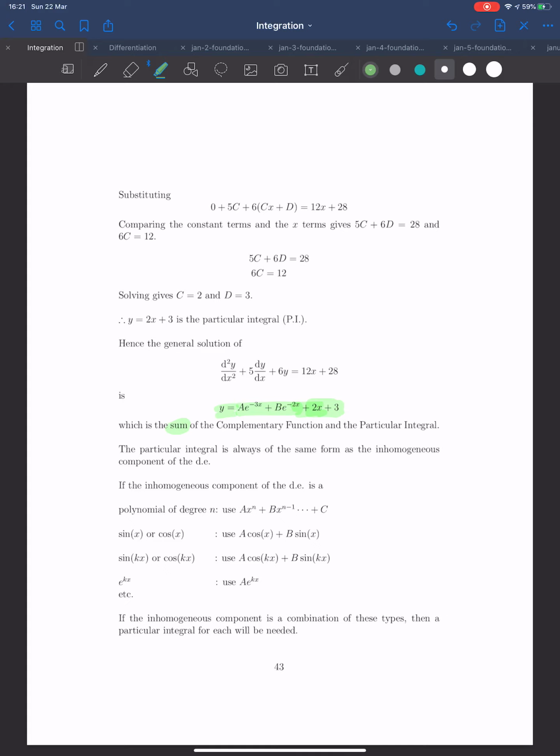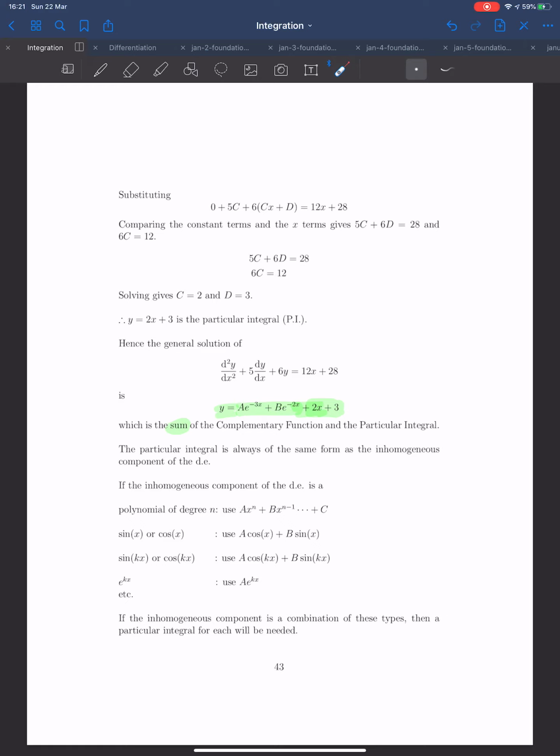Right, so a little bit more information about the particular integral. The particular integral is always of the same form as the inhomogeneous component of the differential equation. So if you've got a polynomial of degree n on the right hand side, use a polynomial of degree n to substitute in and work out what the coefficients are.